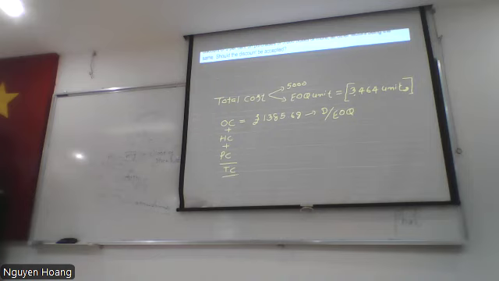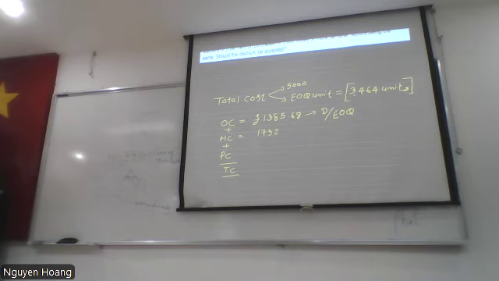The formula is average quantity multiplied by holding cost. How much is average quantity? 1732. Yes. 1732. You know how we got this number?